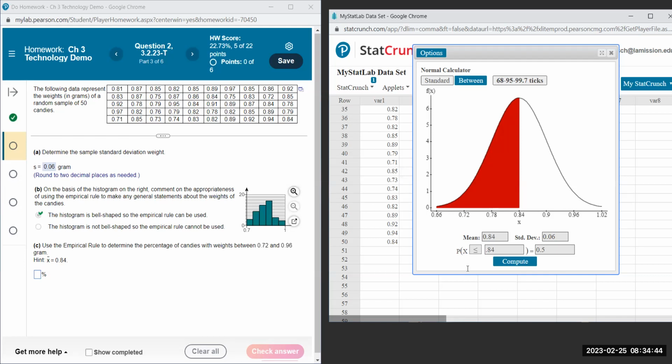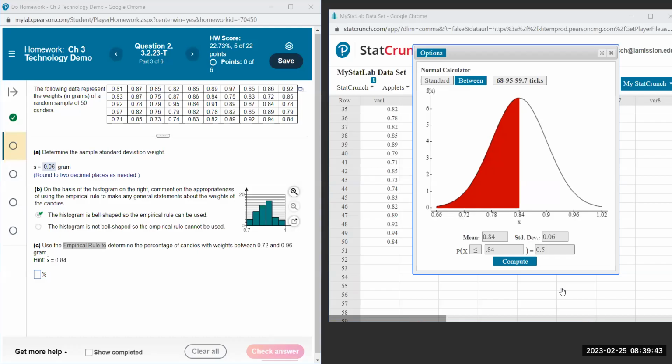Okay, so when you use the empirical rule, you have to use these numbers. Okay, so the empirical rule states that if you go out one deviation, it's 68%, 2 deviations, it's 95%.